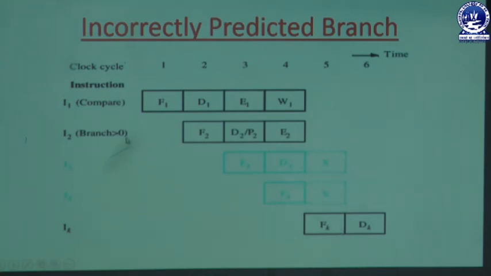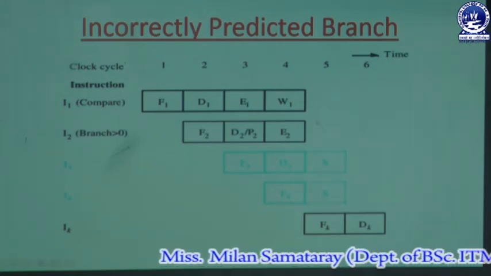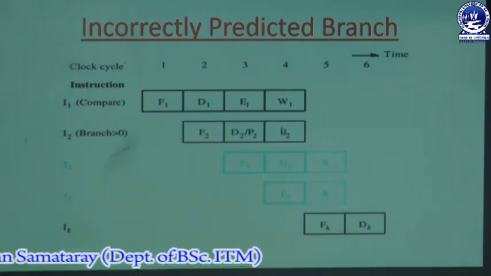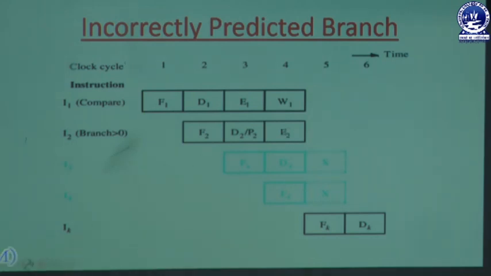If the branch condition is true, the branch takes place, and the processor has to execute whatever instruction is at the branch target address, which is calculated in clock cycle 4. Let that instruction be IK. So in the 4th clock cycle the branch target address is calculated, and in the 5th clock cycle the instruction IK is fetched.